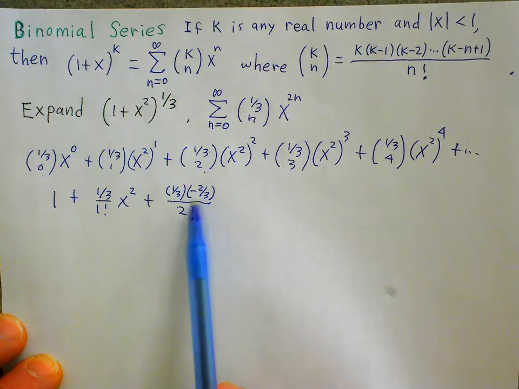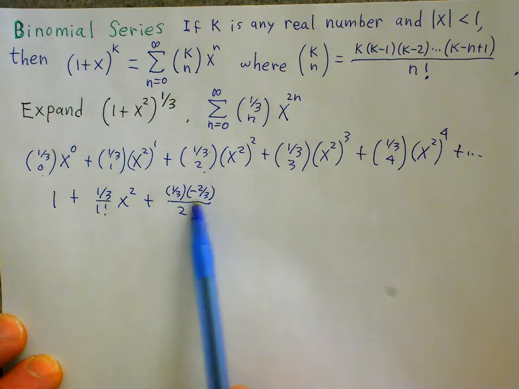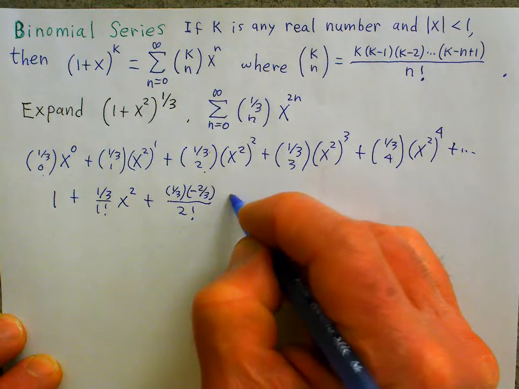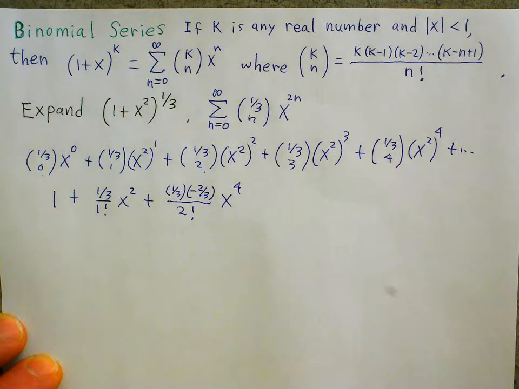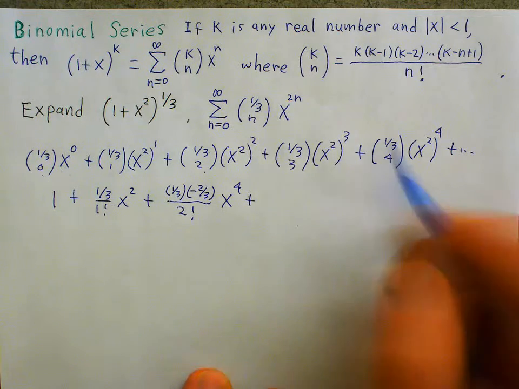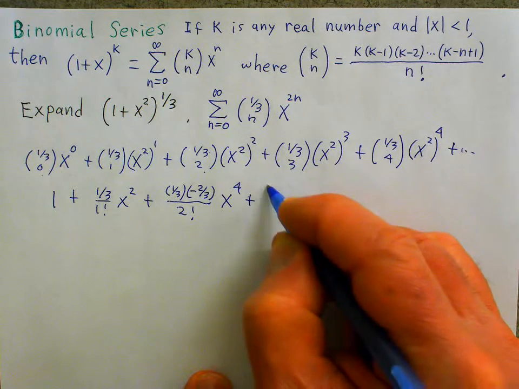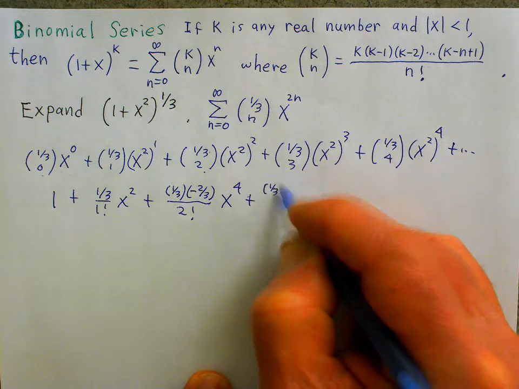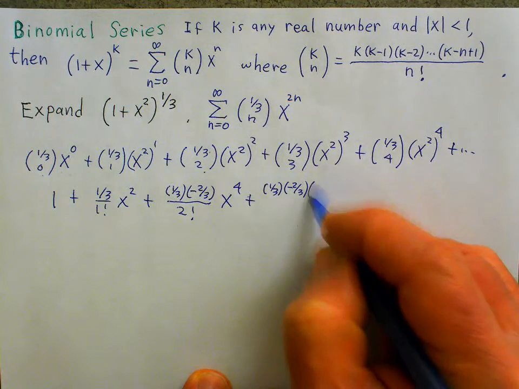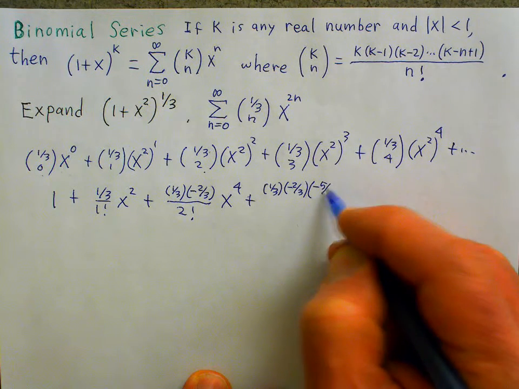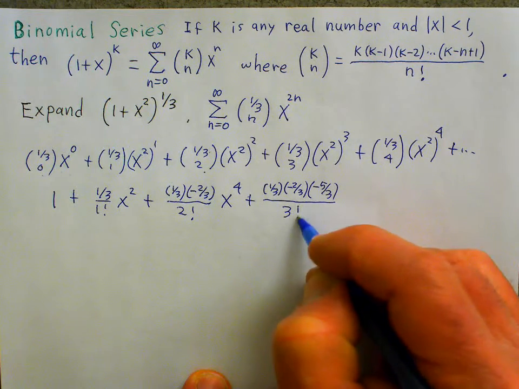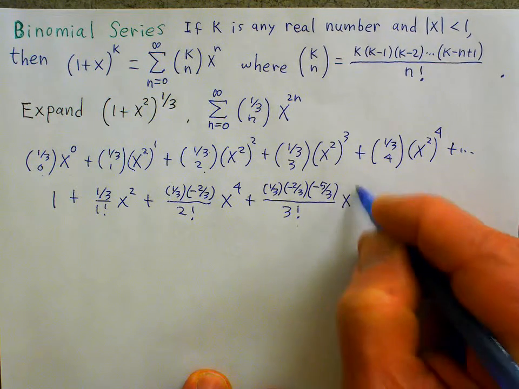So all we did was subtract 1 from 1/3 to get negative 2/3, and then times x to the 4th. And then 1/3 choose 3. It's 1/3 times negative 2/3 times negative 5/3 divided by 3 factorial times x to the 6th.